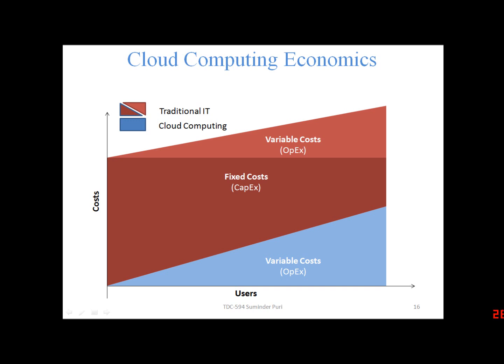Consumption is usually billed like a utility, resources consumed like electricity, or a subscription, kind of like a newspaper. The amount of service we use, we pay for, with little or no upfront cost. So that was a little comparison of traditional IT with cloud computing services.